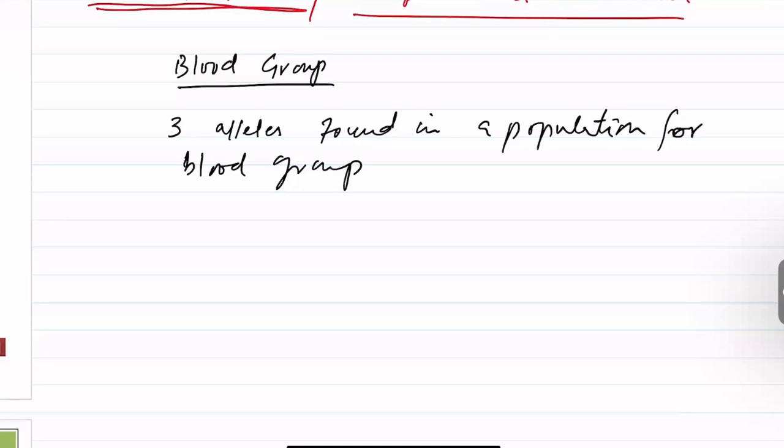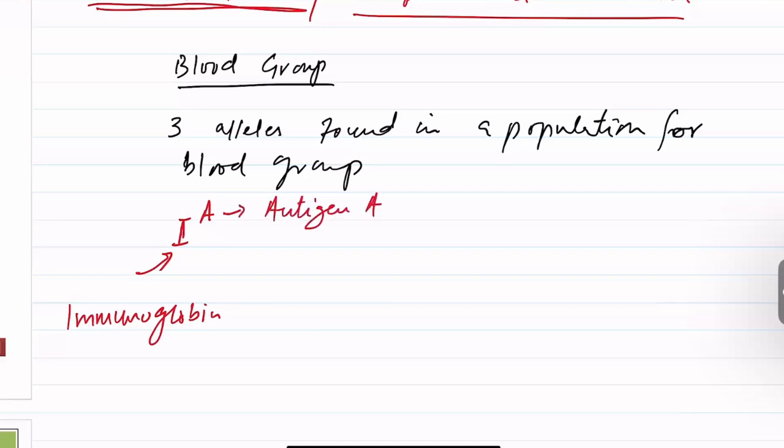This is represented with an I. I stands for isohemagglutinin, and A is an antigen A. So the genotype is written as IA.